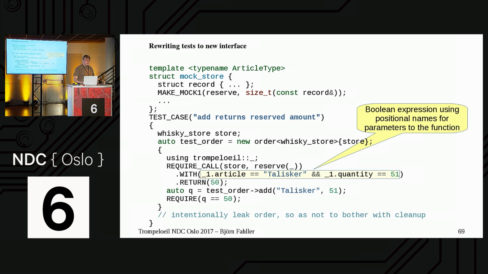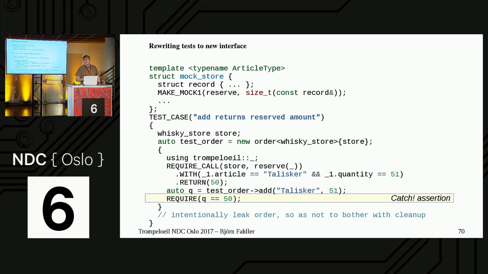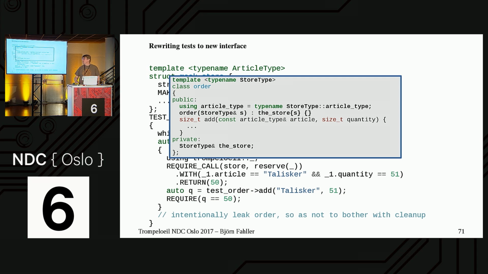And then at the end, I use a Catch assertion. So this is not a Trompeloeil thing. This is a Catch assertion to see that the returned value is indeed the one it should be. Otherwise, the test fails. So implementing the order class template, which is now templatized on the store type.